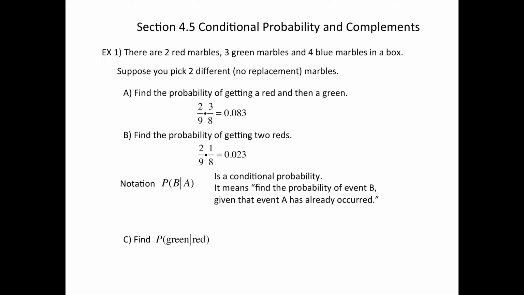So for example C, find the probability you get a green one given that somebody already drew a red. So if somebody already drew a red, that means there's only 8 marbles left. And since we're starting all over, there are 3 green ones out of 8, or 37.5%.